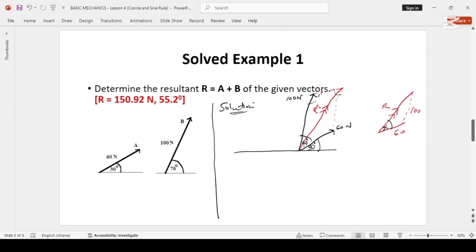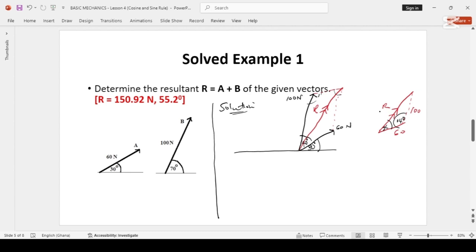We are going to divide the 280 by 2, and we get 140 degrees each. So the angle here is giving us 140 degrees.